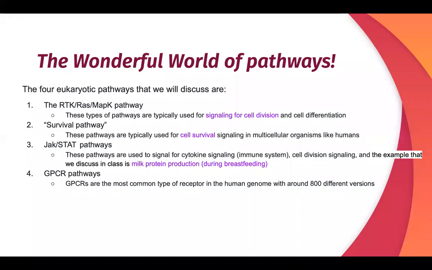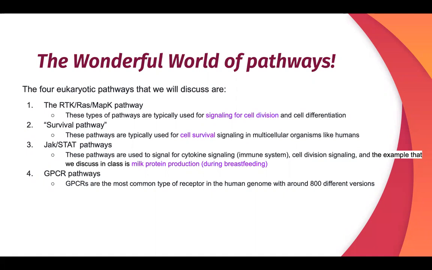Okay, so we're starting off with cell signaling and signal transduction. So these are the pathways we're going to be going over. So we have our 4 eukaryotic pathways. The first one was the RTK RAS-MAPK pathway. This is typically signals for cell division. We have the survival pathway, and these are usually cell survival signaling.